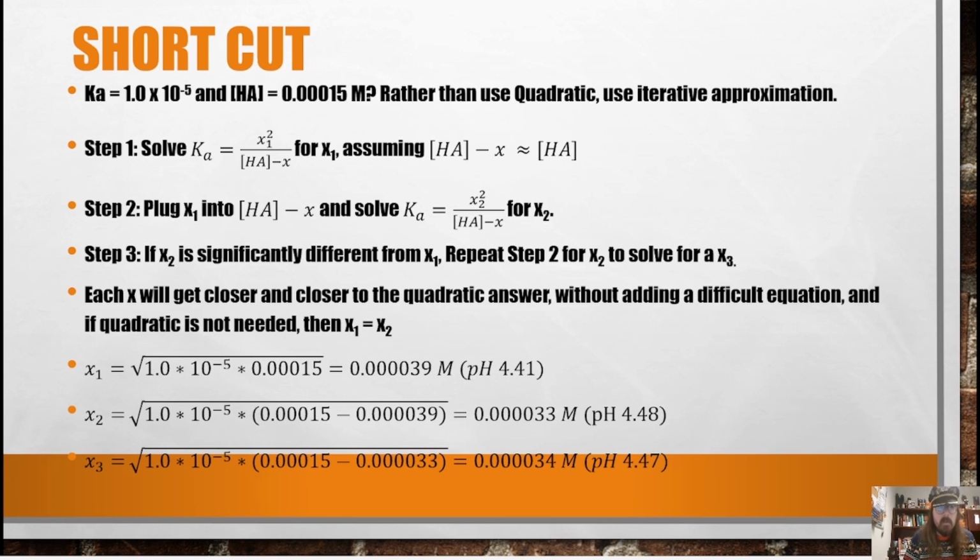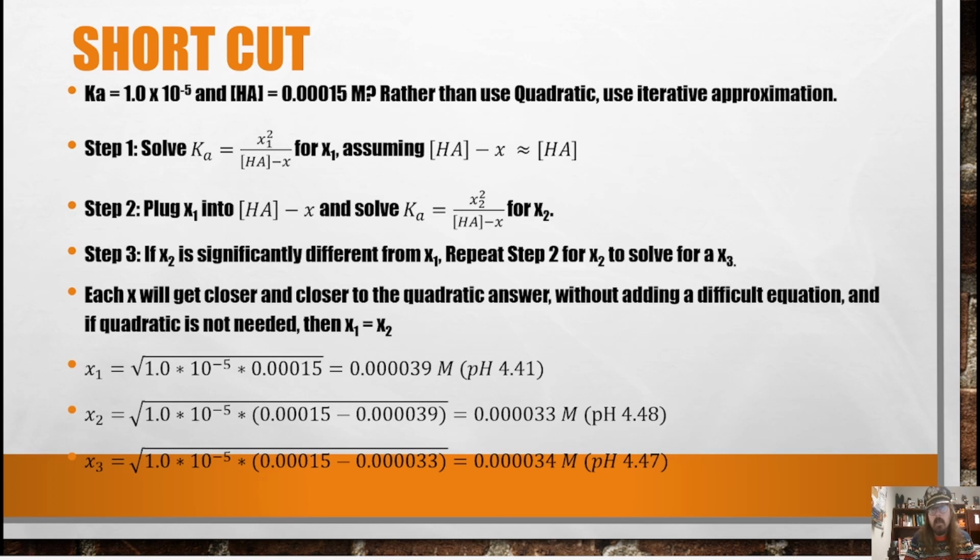The first step is we assume that HA minus x is significantly small. If it is small enough, we can safely ignore the x. But if it isn't, we'll see it in the iterative approach. So we say HA minus x is just HA, and let's solve for our x squared.